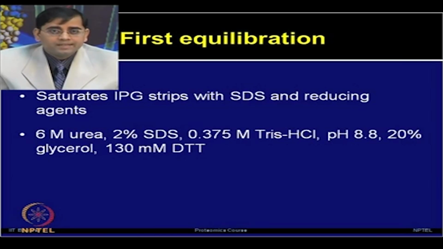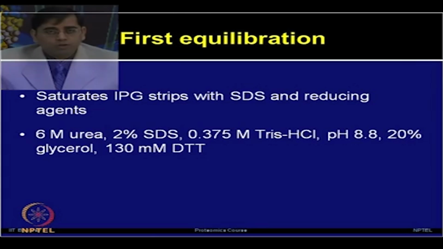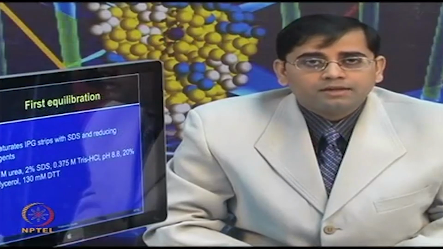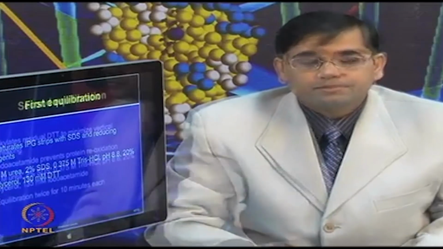Please note, this recipe is given only for your reference. People try slight modifications of these concentrations and recipes for doing the equilibration step. As I mentioned, in this buffer you can add DTT and that will be used in the first equilibration step. The first equilibration step can be performed for 10 or 15 minutes depending upon your strip length.